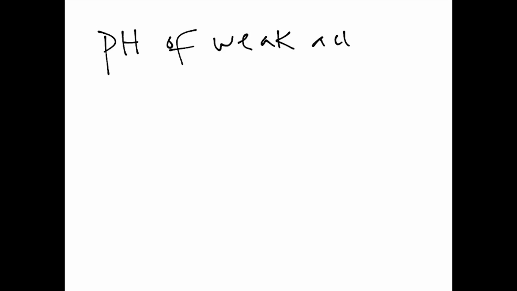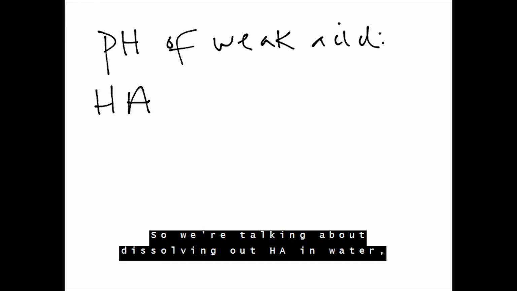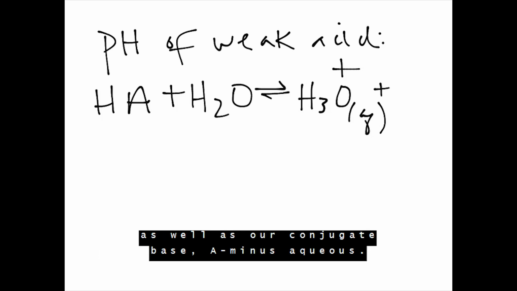So let's take a case now where we have a weak acid. We'll represent our weak acid by HA. So we're talking about dissolving HA in water, which will form our H3O plus, as well as our conjugate base, A minus, aqueous.